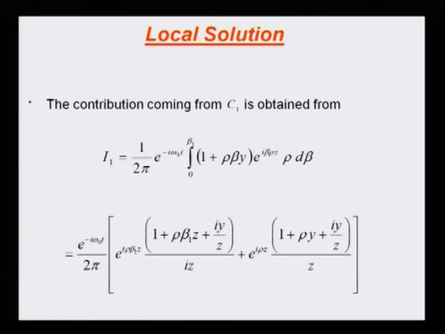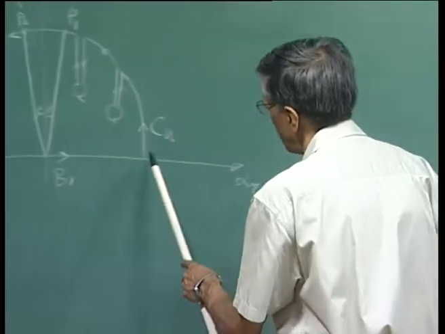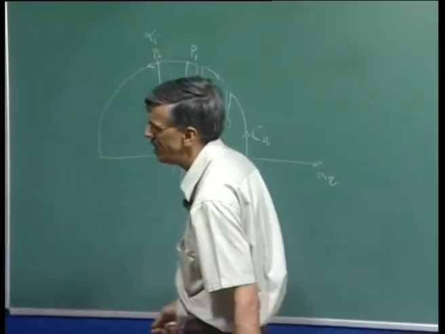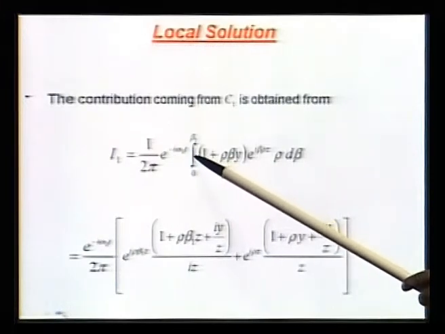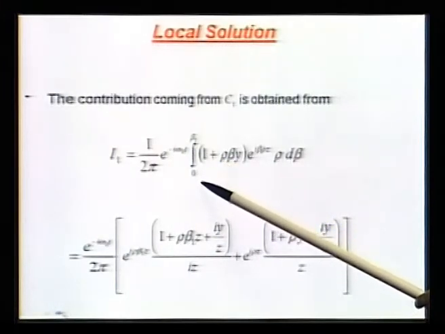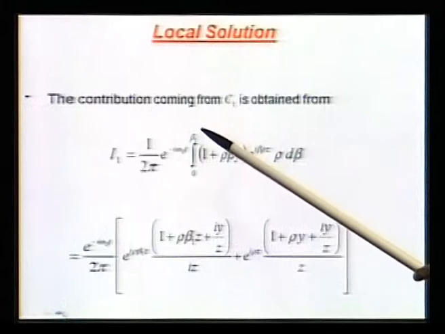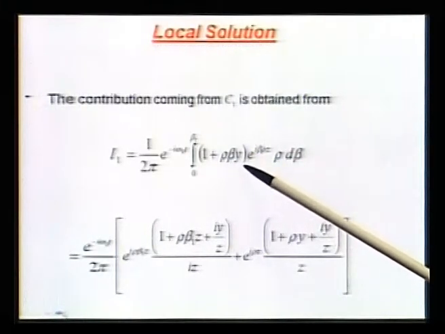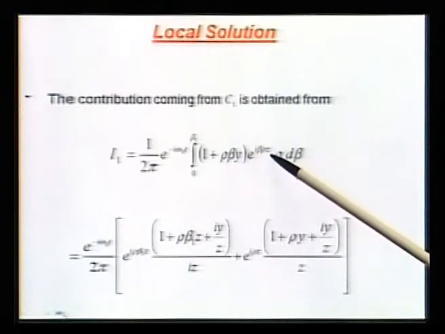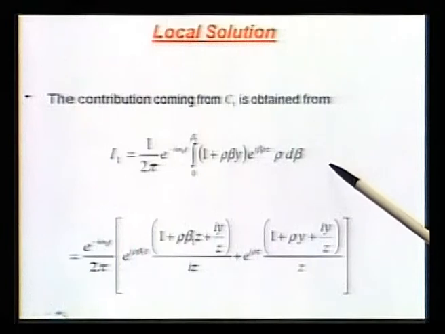The first component I1 would come from this point to P1. That's what we are doing. So 1 over 2 pi e to the power minus i omega naught t, performing the integral from 0 to beta 1. And this is your value of alpha, 1 plus rho beta y e to the power i beta rho z. And d alpha becomes this.